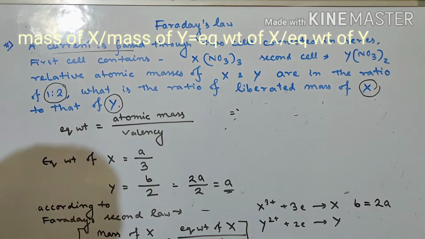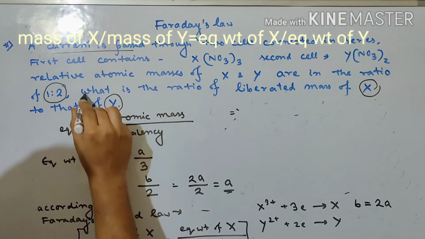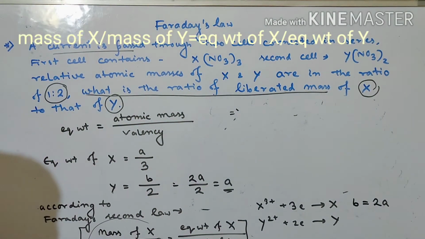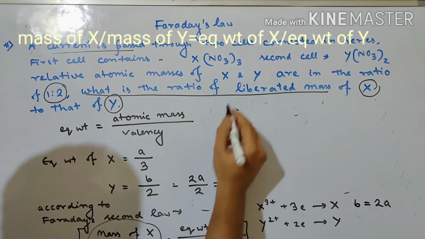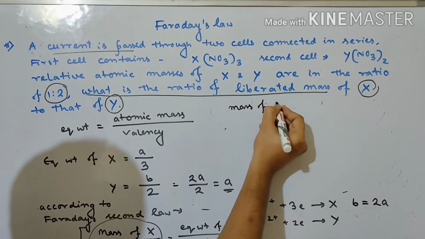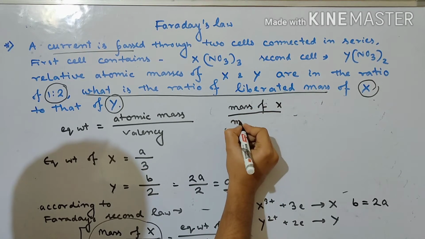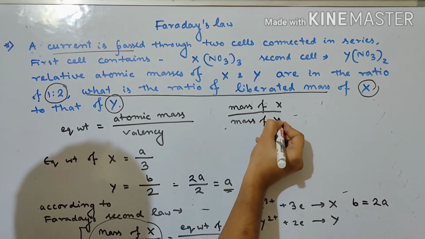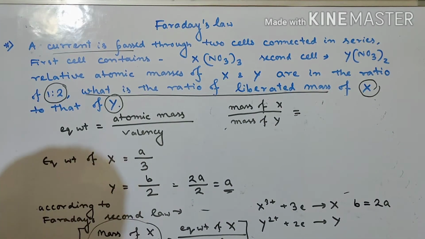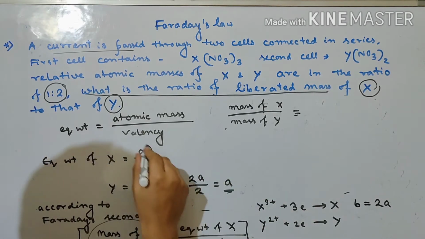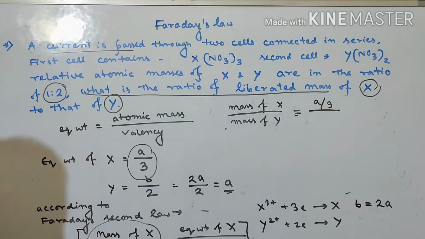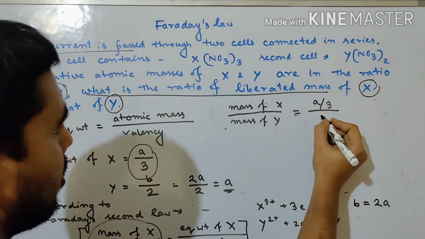So remember our target as per the given question: what is the ratio of the liberated mass? So we have kept that on the left hand side. Now we can write mass of X divided by mass of Y is equal to equivalent weight of X, which is A by 3 already, divided by equivalent weight of Y, that is A only.